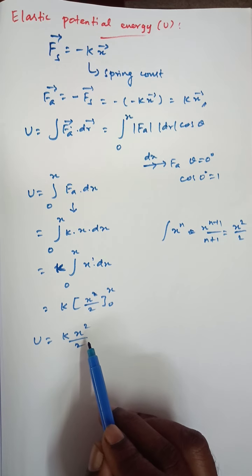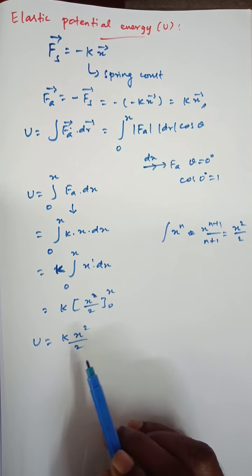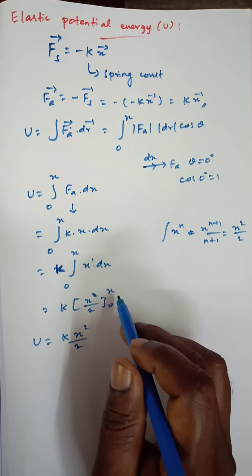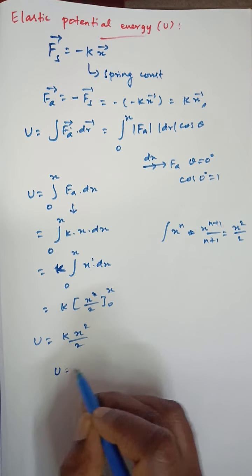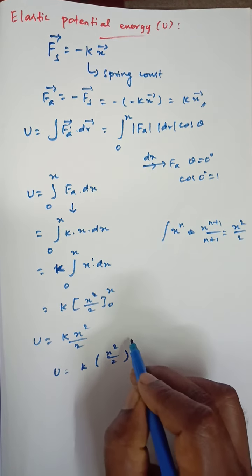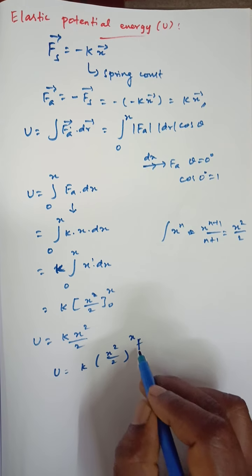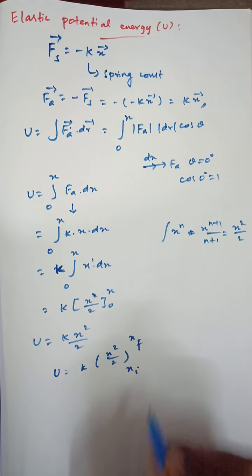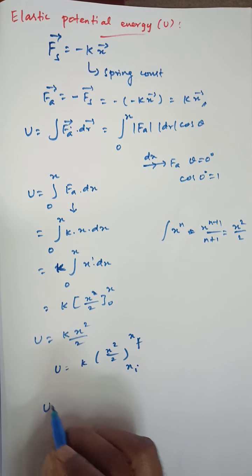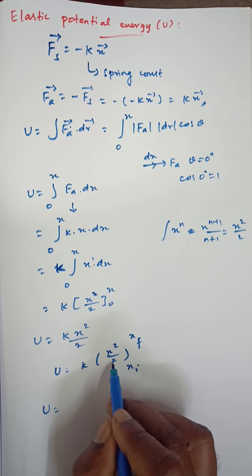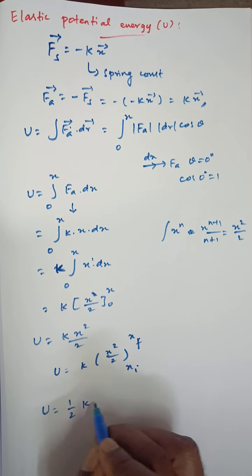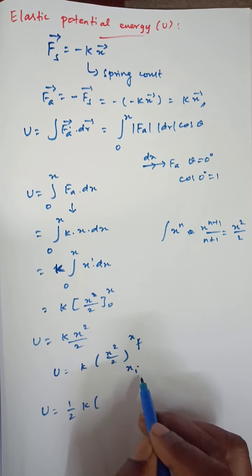This is the formula. Suppose the spring is moving from an initial to a final position, so we write it as a change between limits. U is equal to K into x square by 2 at the final position, minus that at the initial position. Applying these values, 2 is taken out, so we write 1 by 2, then K into upper limit minus lower limit.